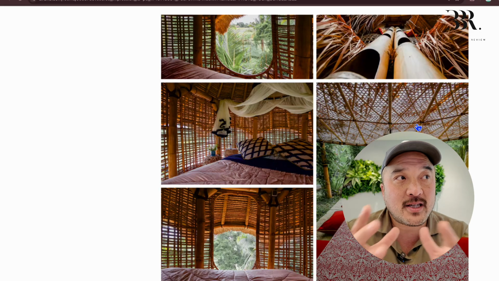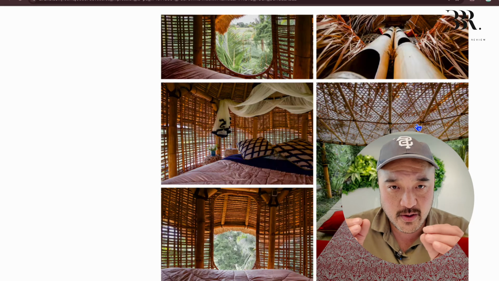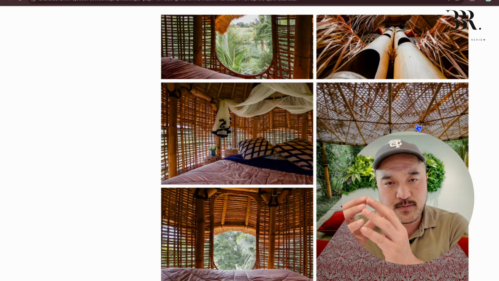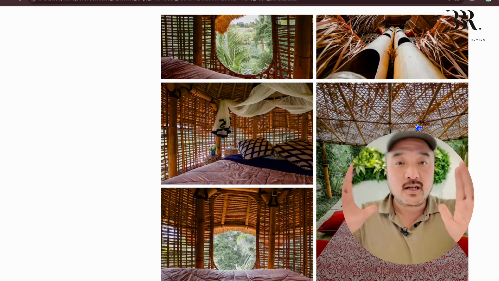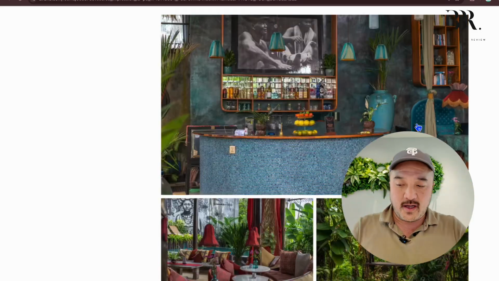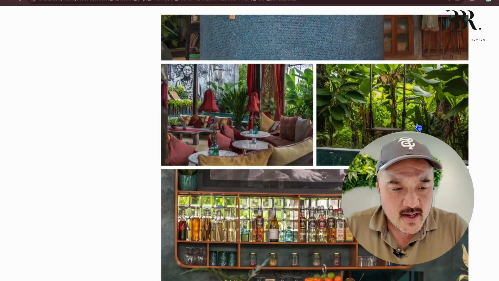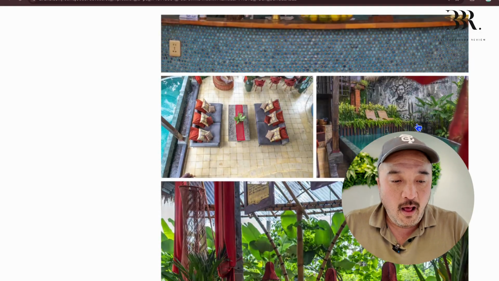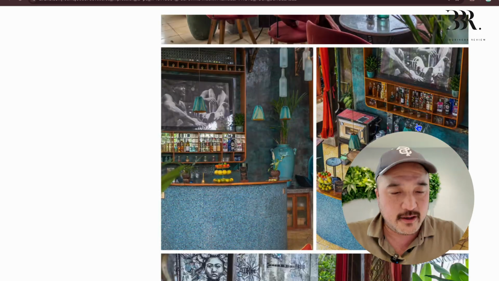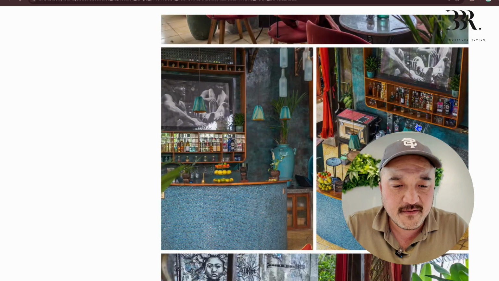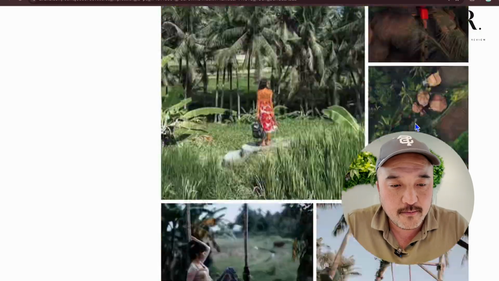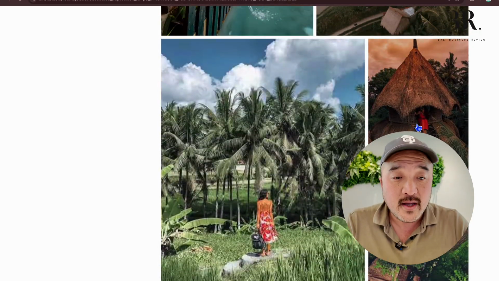Just like in cinematography, it's a good idea to use a different number and collection of shots: some close-up shots like this, some zoomed out, some overall, detail shots. That's a tip if you're building your own Airbnb listing: put a diversity of different shots so that the full story of your property can be told well.